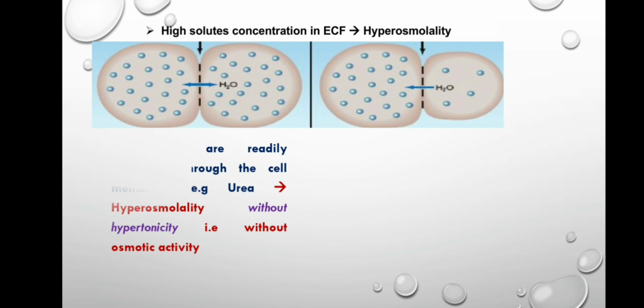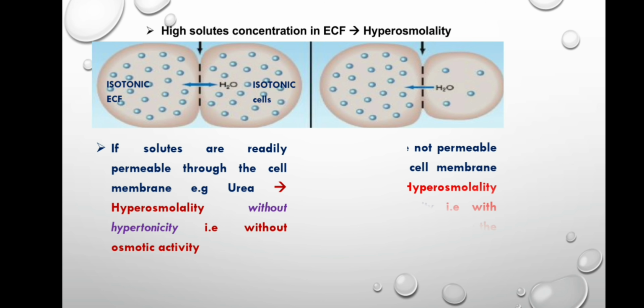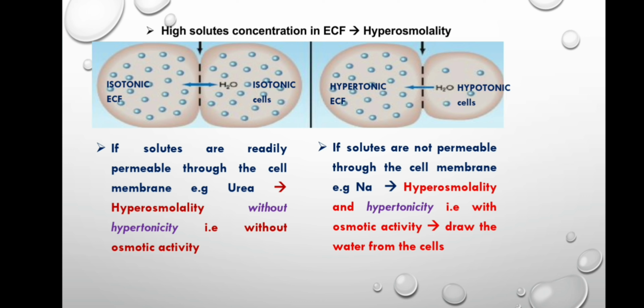Hypertonicity occurs only if the solute is not readily permeable through the cell membrane, like sodium. However, if a substance like urea or ethanol is readily permeable through the cell membrane, it will not cause hypertonicity or osmotic activity. It will only cause hyperosmolarity.